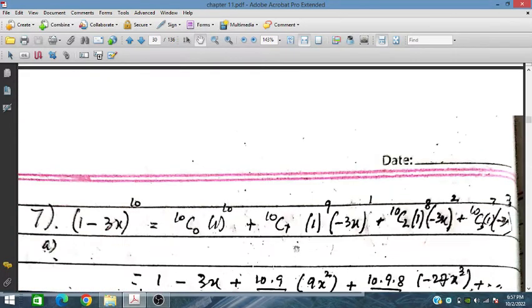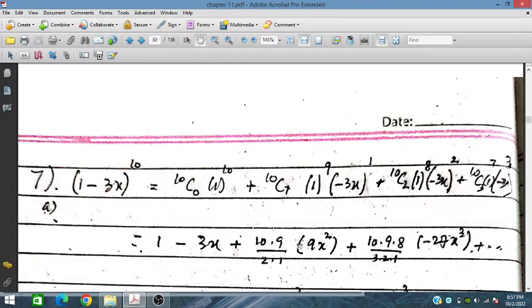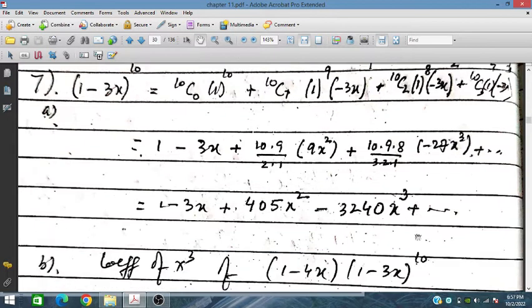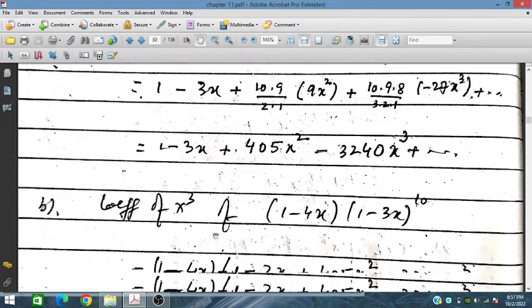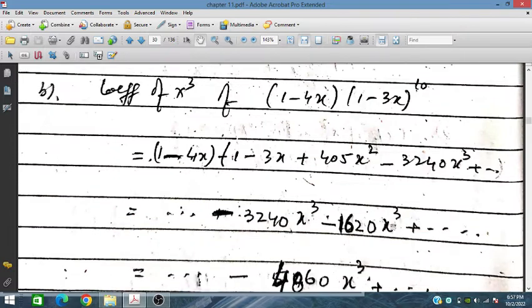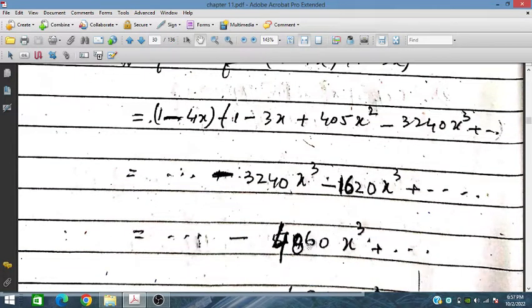Similarly for the 7th problem, we have to expand this one. We expanded it and then multiplied this with this expanded one to get the coefficient of x power 3. So we multiply and get the coefficient of x3 as this.